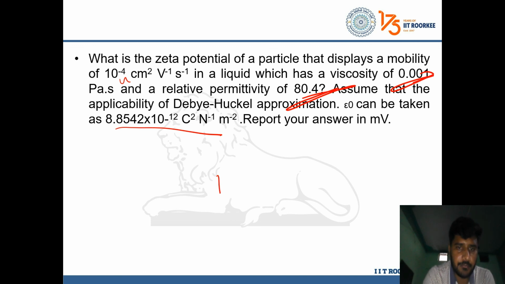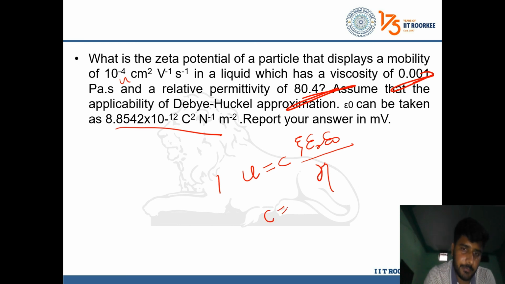So what you have to do is the electrophoretic mobility, that is U is equal to C, the zeta potential, epsilon r, epsilon naught divided by eta. So the C value will be 2 by 3 for the Debye-Huckel approximation.